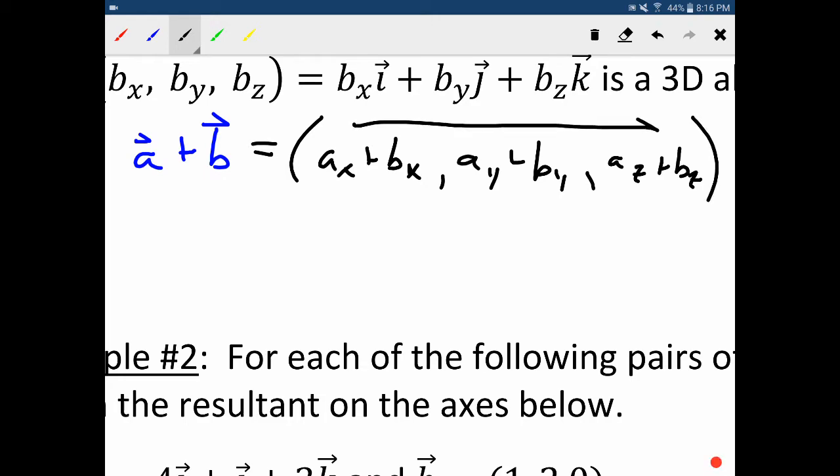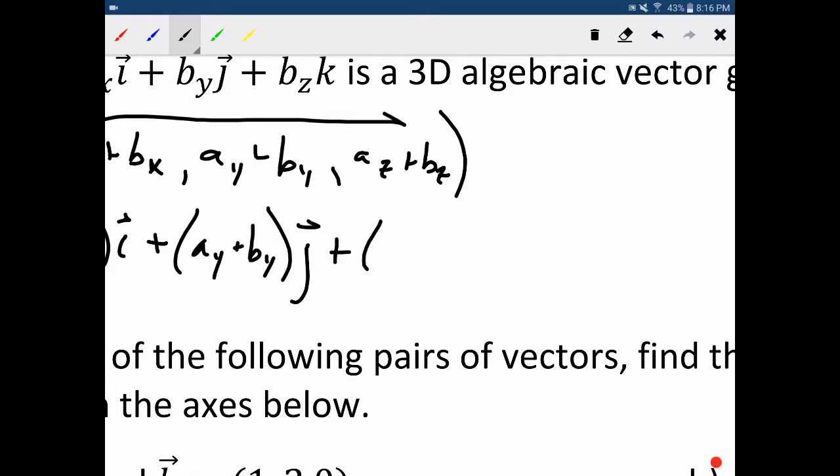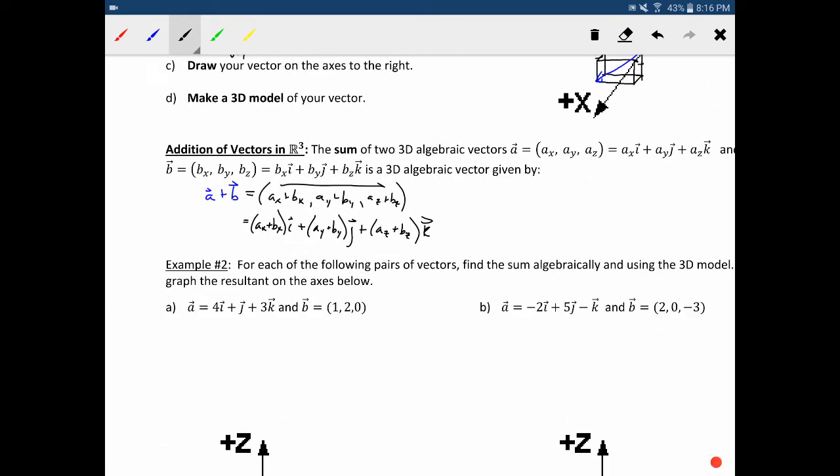Alternatively, we can write this using unit vectors: ax plus bx times i, plus ay plus by times j, plus az plus bz times k.